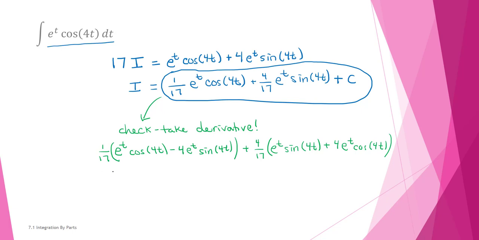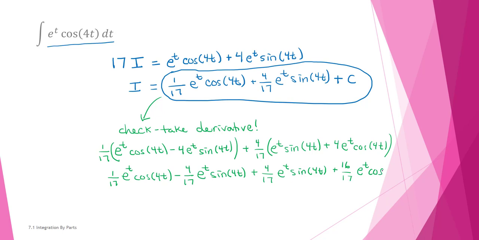Okay, if I distribute, I end up with 1/17 e to the t cosine 4t minus 4/17 e to the t sine of 4t plus 4/17 e to the t sine of 4t plus 16/17 e to the t cosine of 4t.